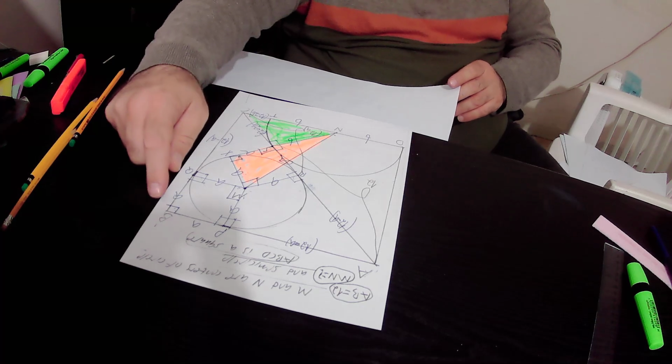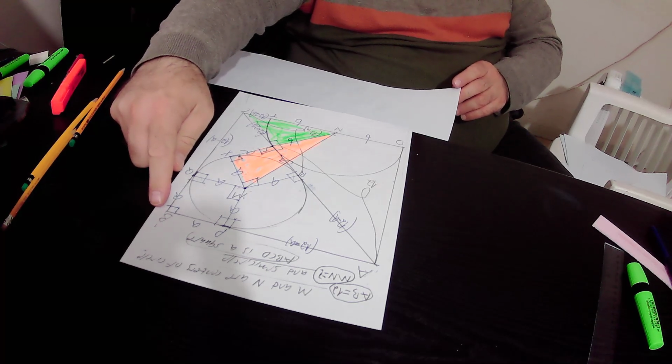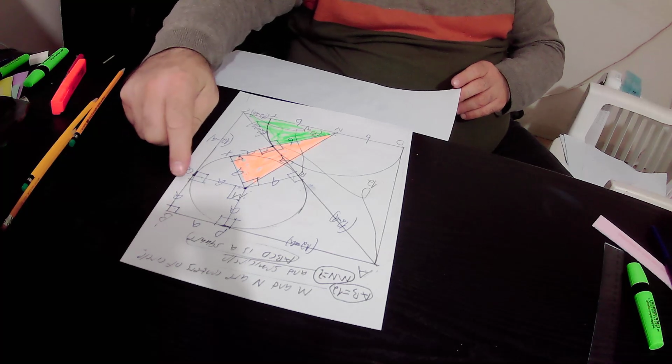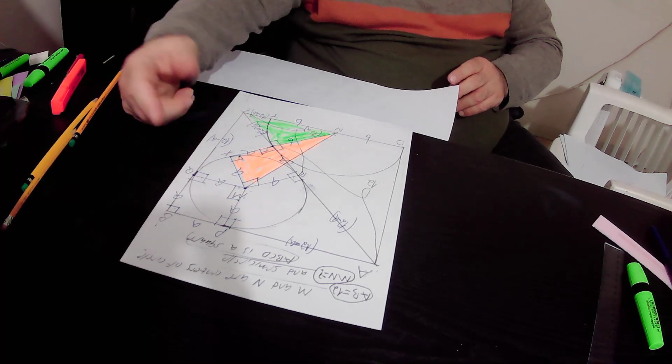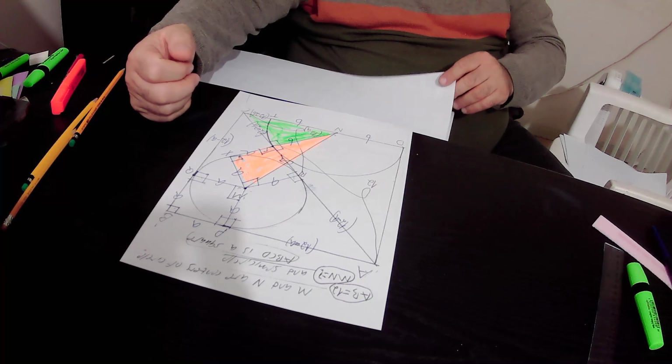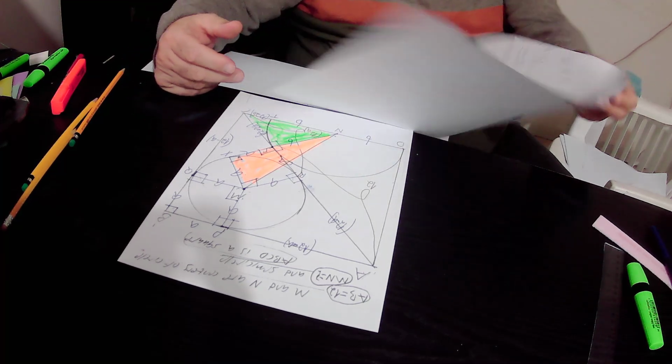Here we have the external point B, and from the external point B we have two tangents to this circle. The first tangent is BP, the second tangent is BQ, and according to rule number 1 they are equal to each other.